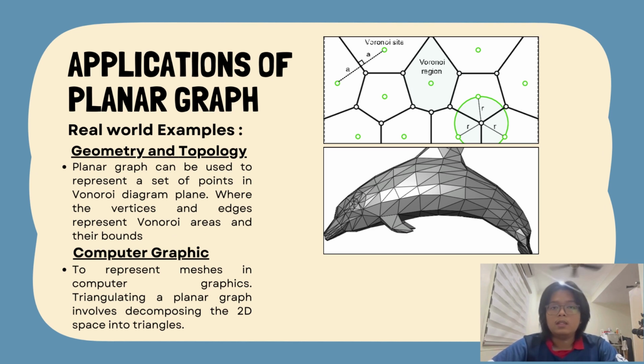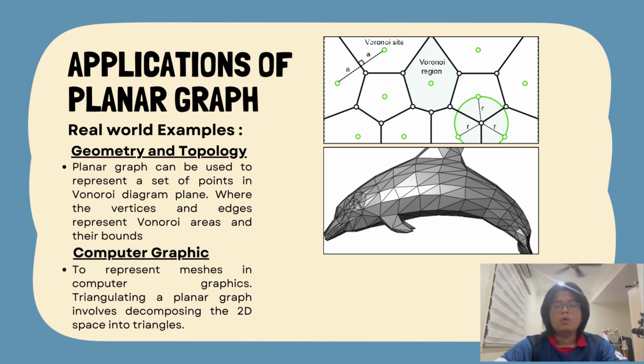Vertices represent the regions or territories, and the edges represent the boundaries of the territories. This application is also related to the four-color theorem, where each region is colored with at most four different colors, in such a way that no two adjacent regions have the same color.